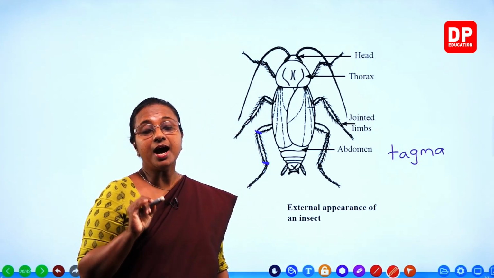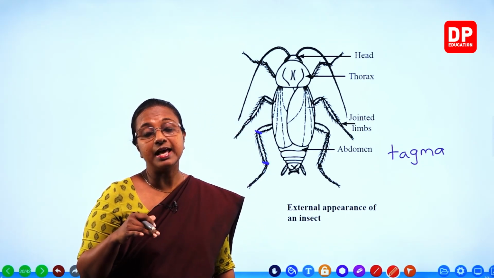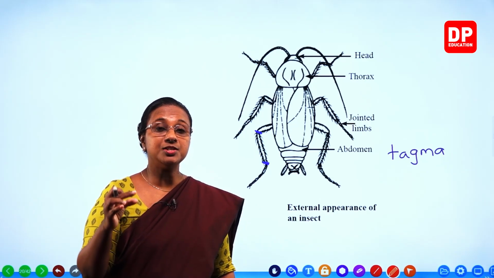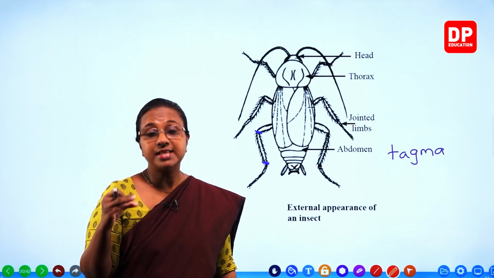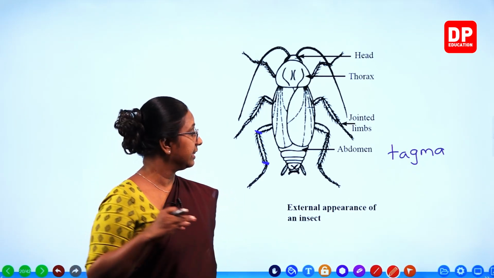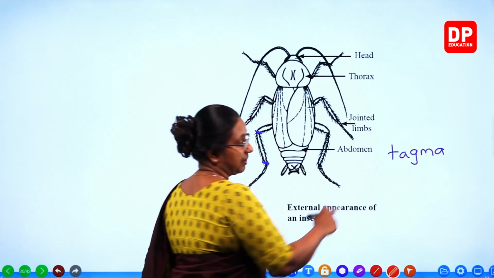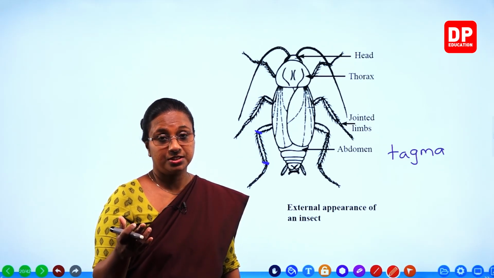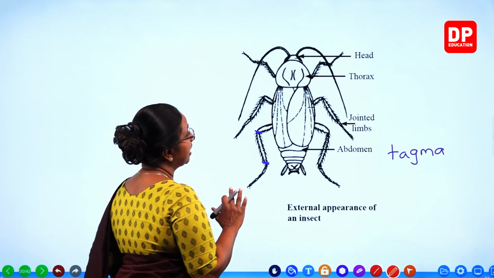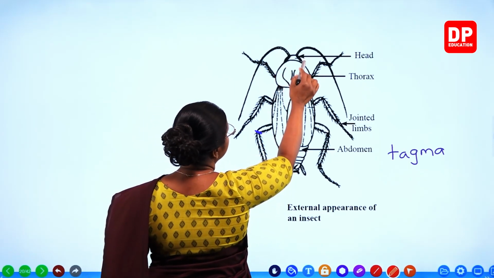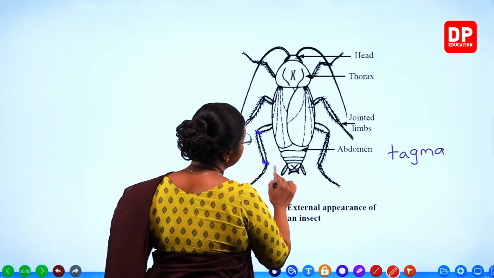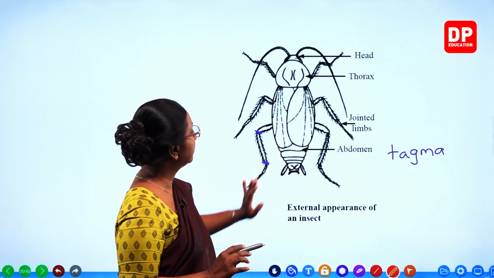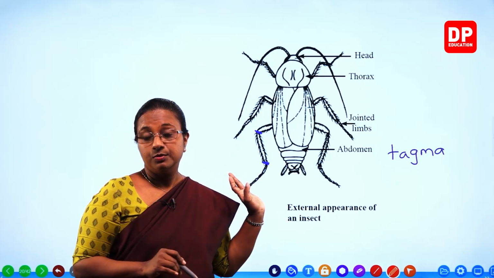Even arthropods are segmented animals. Their body is segmented, but what happens is two, three or a few segments join together and form the tagma. This process is known as tagmatization. Now, when tagmatization happens, you get the head, then you get the thorax and the abdominal region, in addition to jointed limbs and the wings.